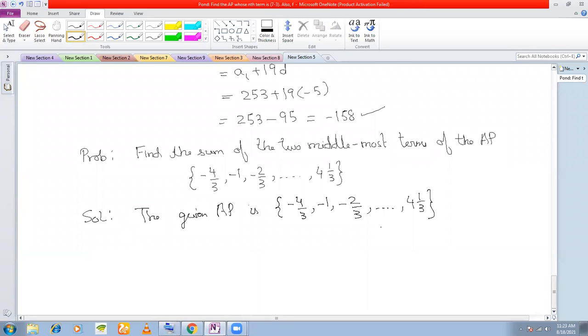Whether there are 8 terms, 20 terms, or 1000 terms, I don't know, right? I need to count how many terms there are, but I cannot count because there are dots. If I only know which term this is, then I will be able to say how many terms there are. Suppose this is the 20th term, then I can say this AP has 20 terms, right? And if it has 20 terms, then I can say what the middle term is, right?